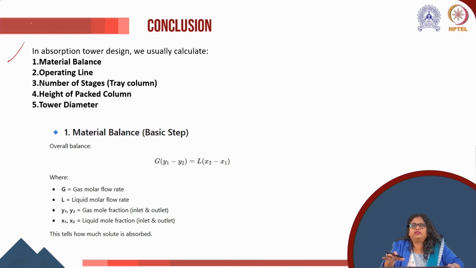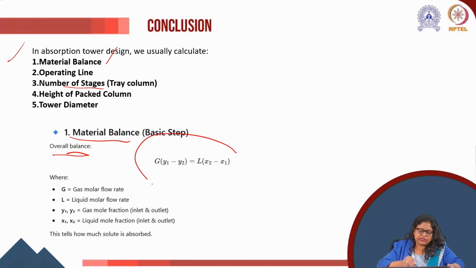So in today's discussion we talked about absorption tower design, and we started with absorption and stripping. Then we have the material balance and operating line, and then we need to calculate the number of stages. For the overall balance, G is the gas flow rate and L is the liquid mass flow rate.